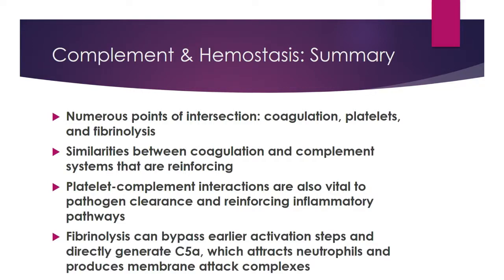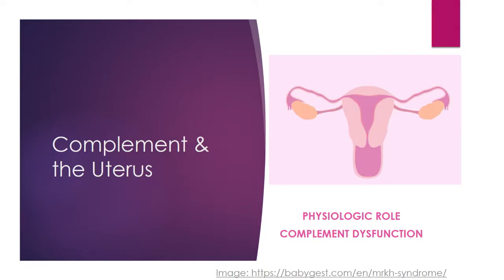And then fibrinolysis can bypass earlier activation steps in the complement system and directly generate C5a, which not only attracts neutrophils, which promote degradation of cellular debris, but it also produces membrane attack complexes that can lyse cells and also promote clearing.